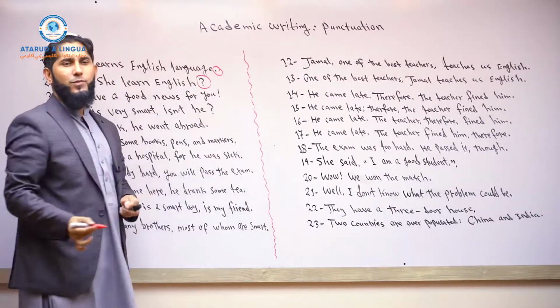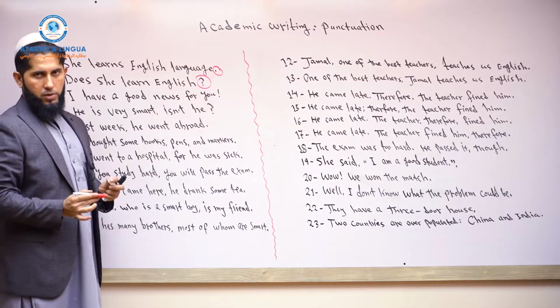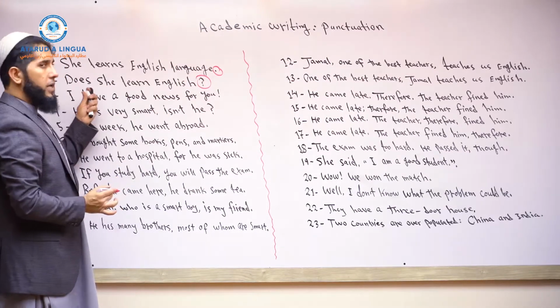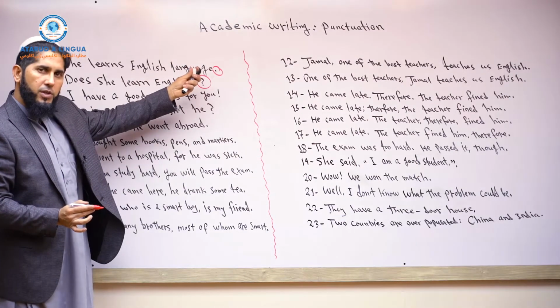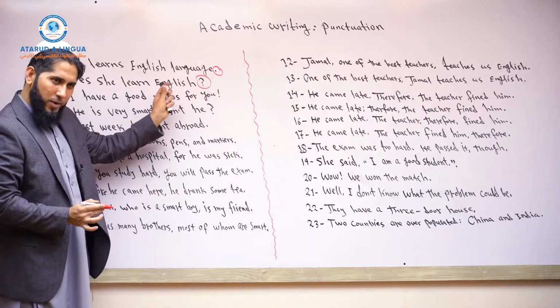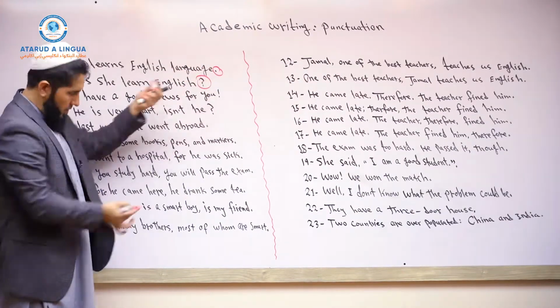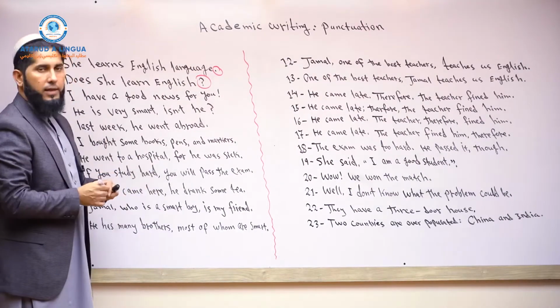Question mark. So, does she learn English? Question mark. Okay? So, does she not learn English? Question mark. Doesn't she learn English? Question mark. She learns English, doesn't she? Again, you need a comma before it if it's a tag question. The example comes over here, but I just wanted to say that.